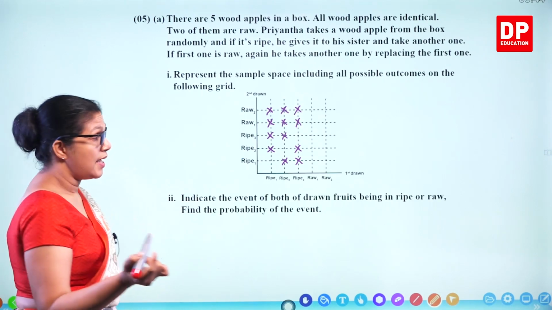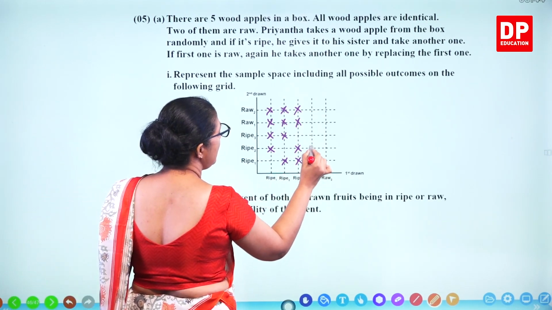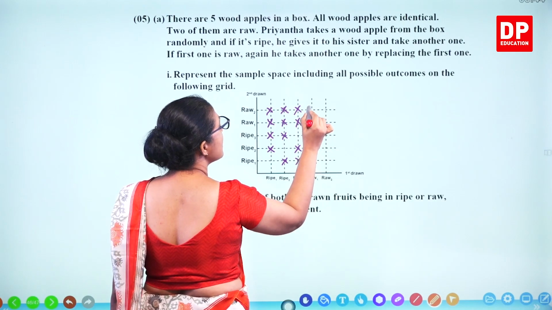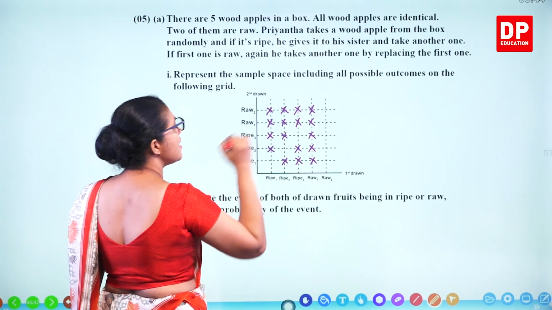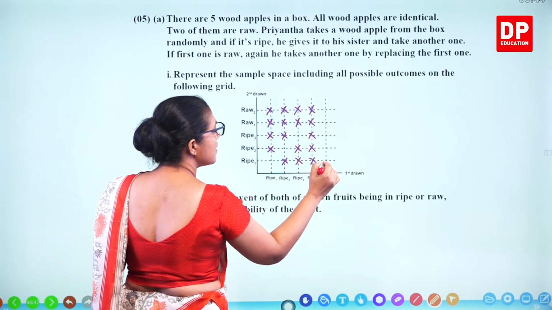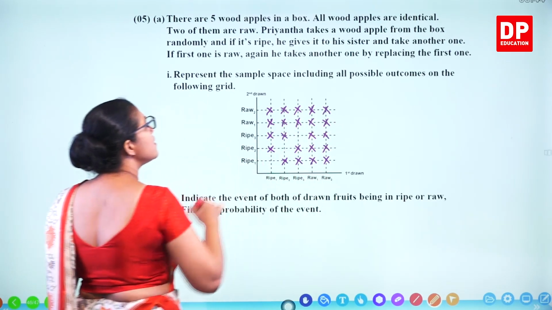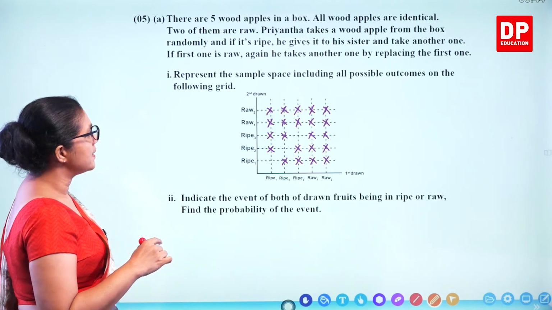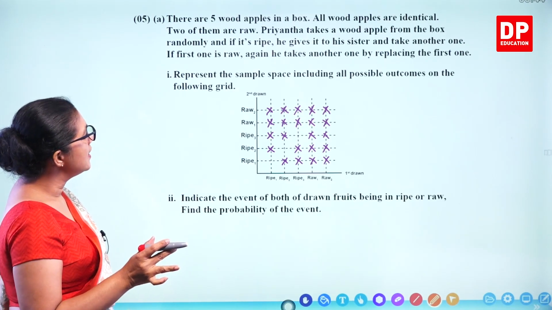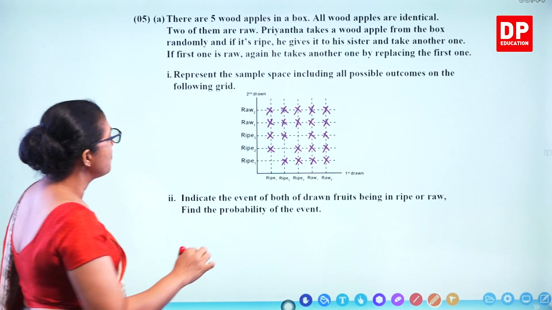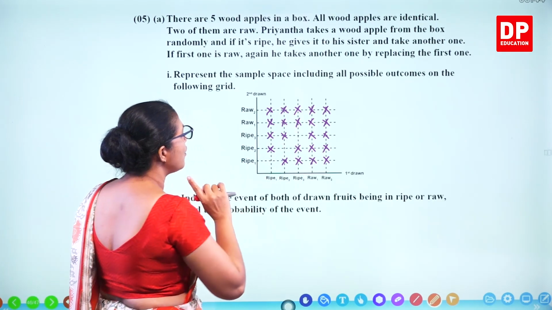But if he takes raw 1, he replaces it. So he can take anything from this. And raw 2 also, he can take all these other wood apples. So this is the sample space diagram. Only 3 possibilities are not there.